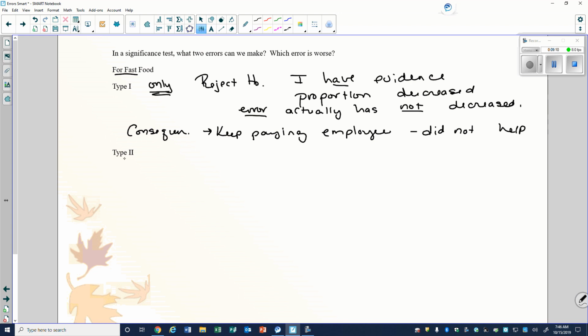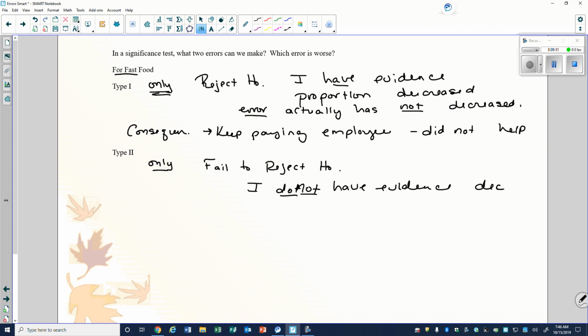Okay. Now a type 2 error can only be made if your final conclusion to the test was to fail to reject the null hypothesis. So what you said is, I do not have evidence of a decrease in the proportion, when in my error there actually was a decrease.